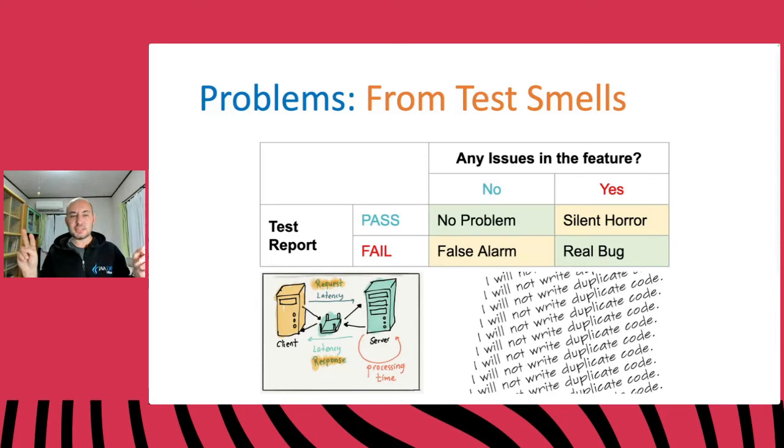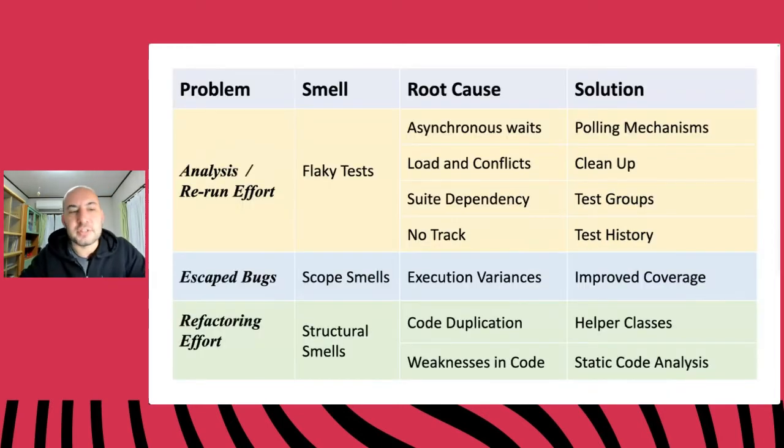These two cases are issues which might result in critical consequences in later stages, like escaped bugs. What kind of reasons may result in these kinds of test smells? There might be several. For example, there might be asynchronous waits, or extra load, or maybe some objects which were created and were supposed to be cleaned up after the execution, but were not.